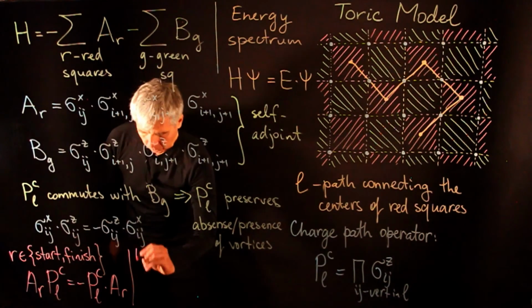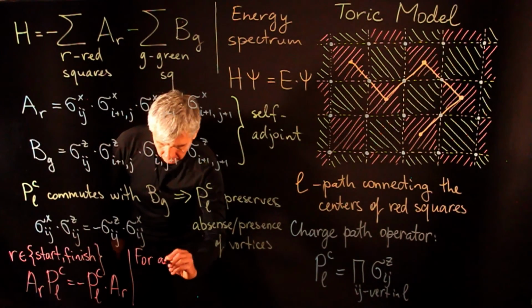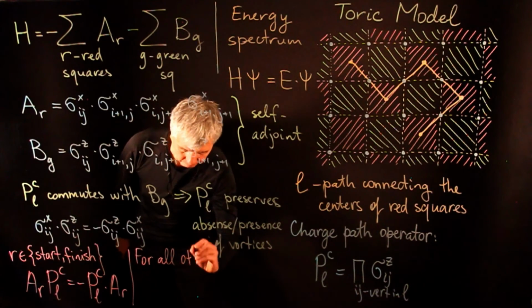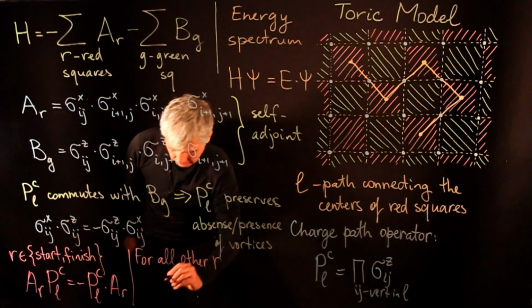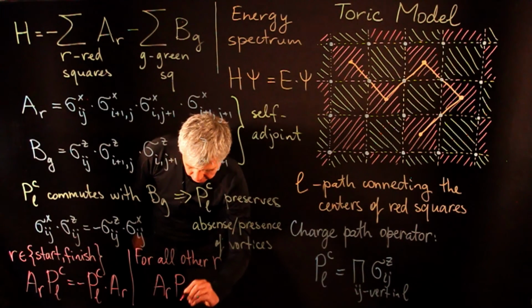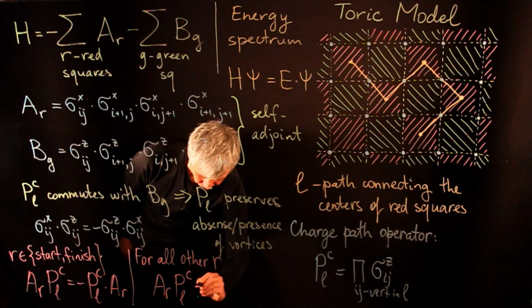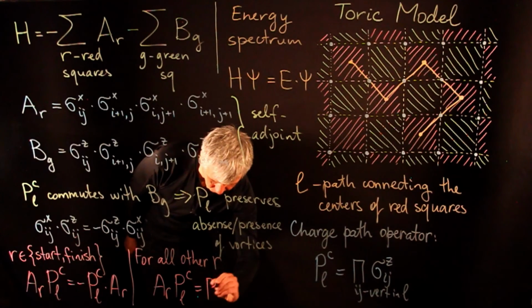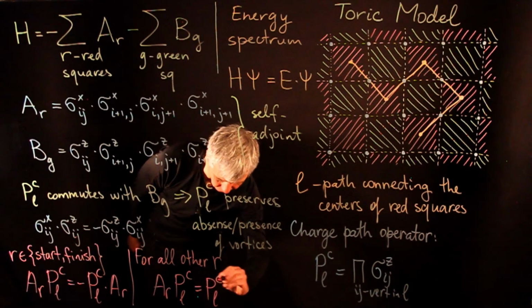Whereas for all other values of R, we have the commuting property. The path operator will commute with AR.